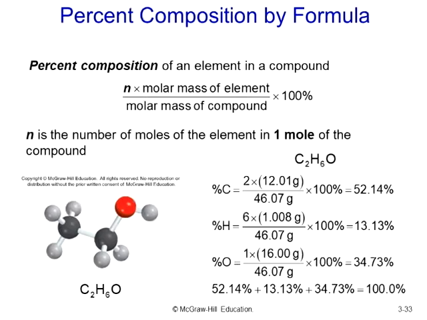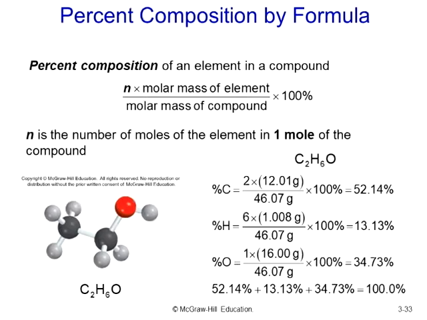So let's work through a problem. If we had C2H6O, this is ethanol. What would be the percent composition of each of the elements in ethanol?